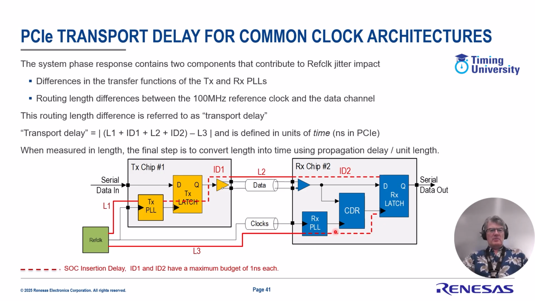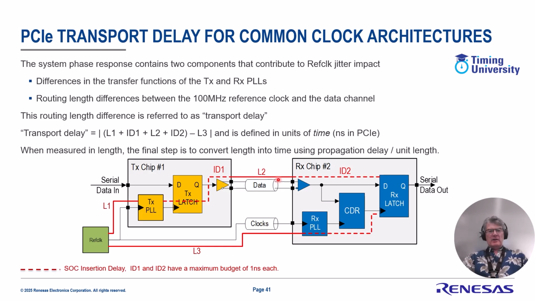Now, this consists of several different pieces. There's the L1 length, which is from the ref clock routed to the transmitter. There is an insertion delay of up to 1 nanosecond maximum assigned to the transmitter chip itself.